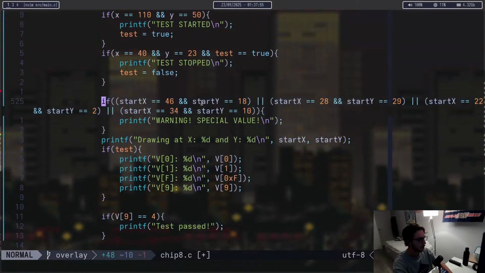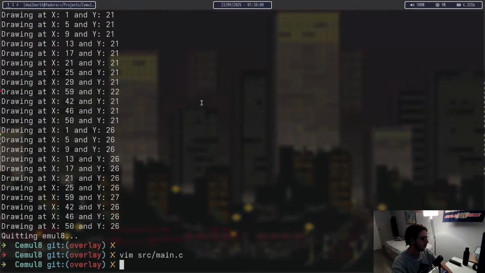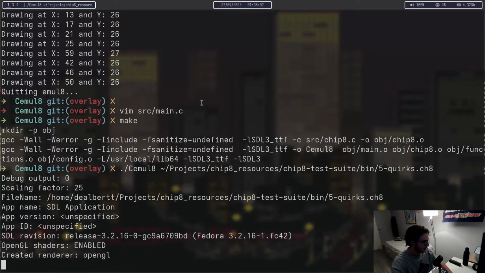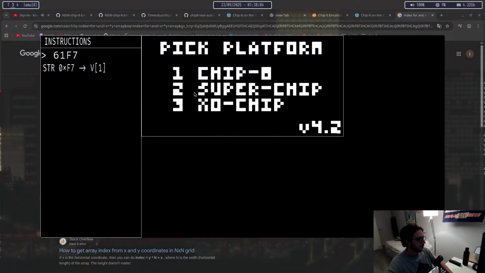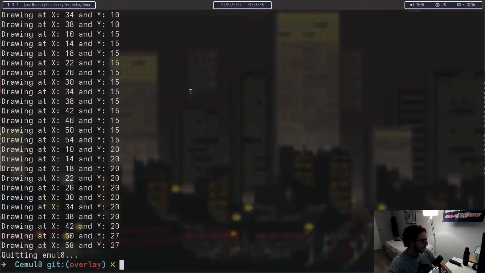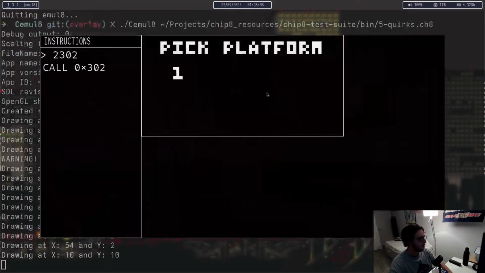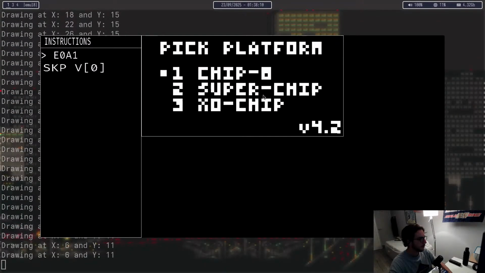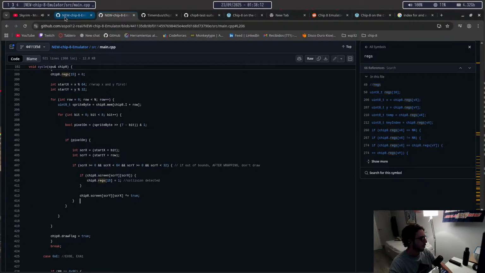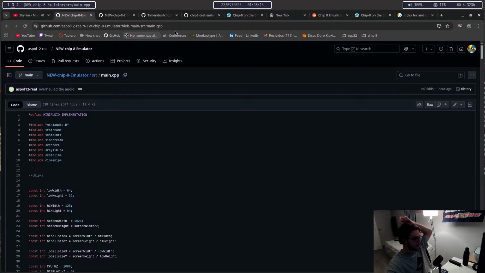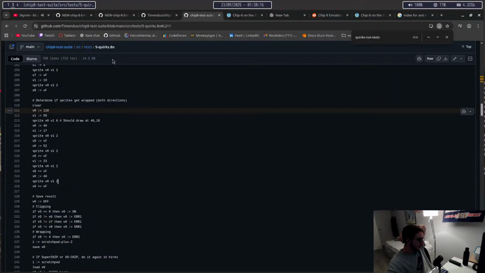Just to see if there's any sort of difference, and also to check if the draw coordinates are the right ones. Because I don't think they are. I did not mean to do that. Right. So, we start with 110 and 50. 46, 18.